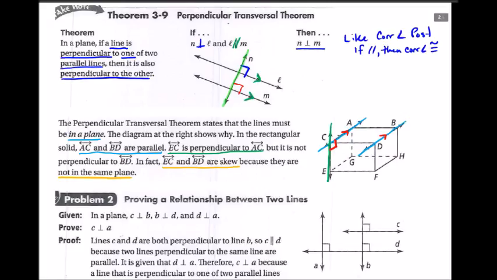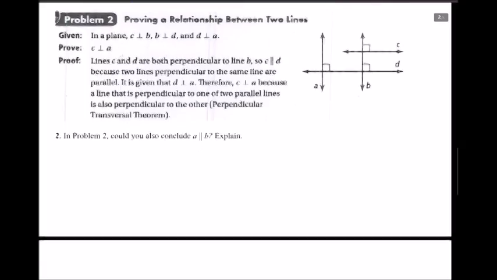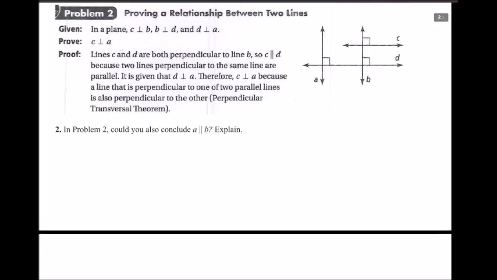All right. Let's do some examples with these. Let's look at what we are given. We are told that in a plane, always a good thing, line C is perpendicular to line B. All right, so we can find line C and line B and mark them perpendicular.